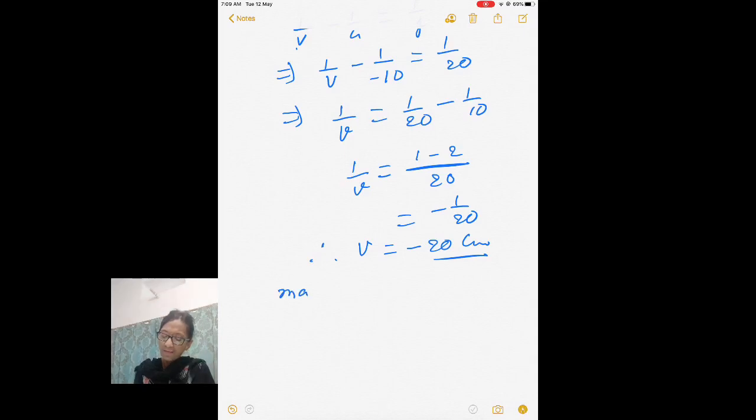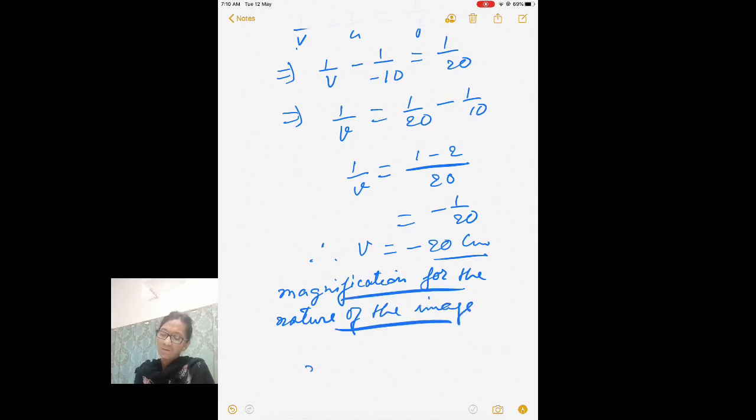Now magnification, for the nature of the image formed. Let me write the formula.